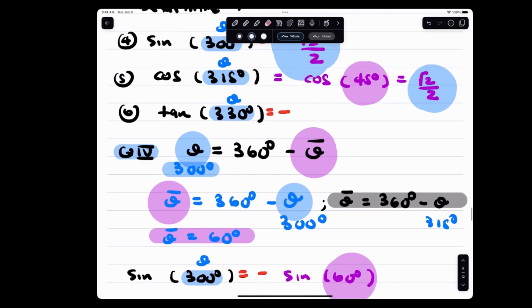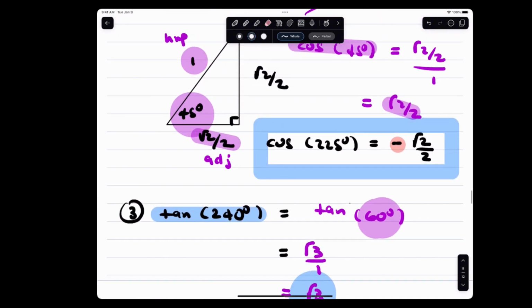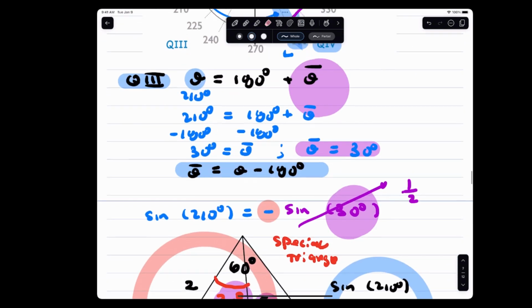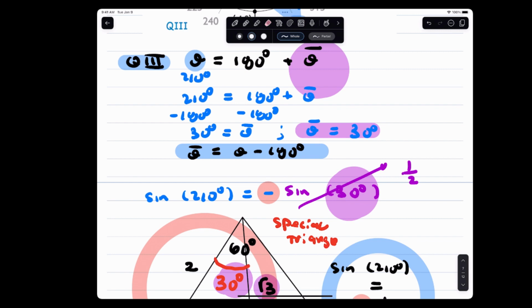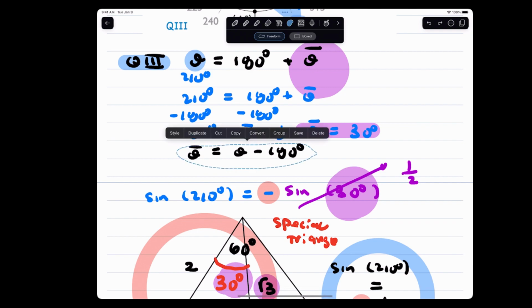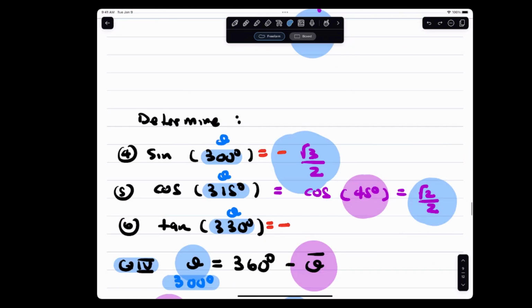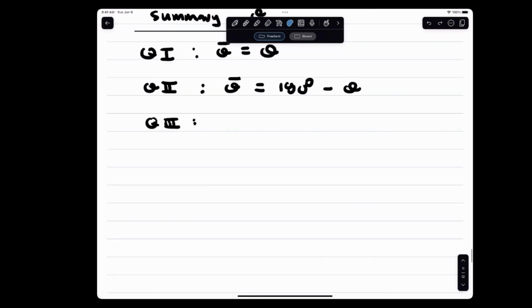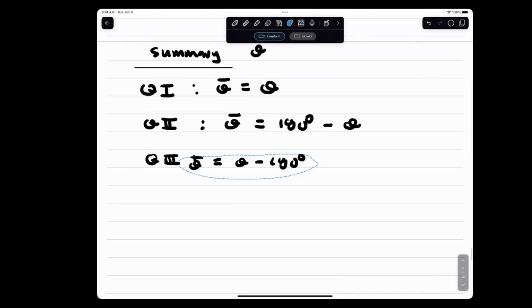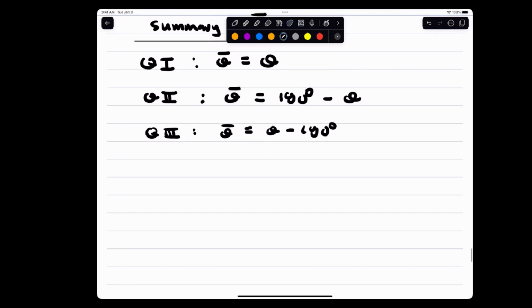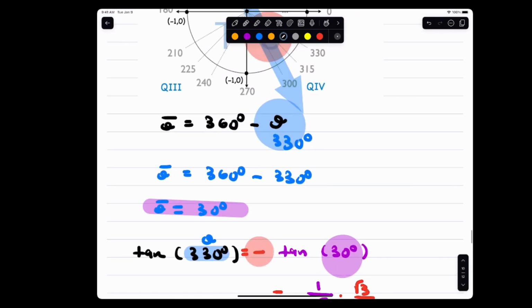So quadrant 3, where are you, quadrant 3? There we go. And then quadrant 4. So the last one we just did right here, 360 minus theta.